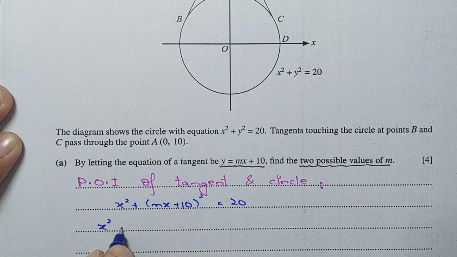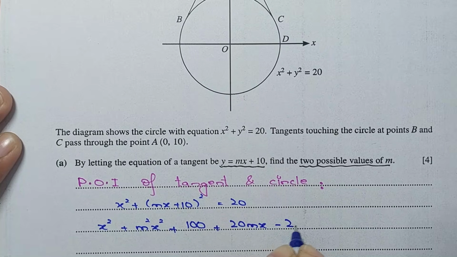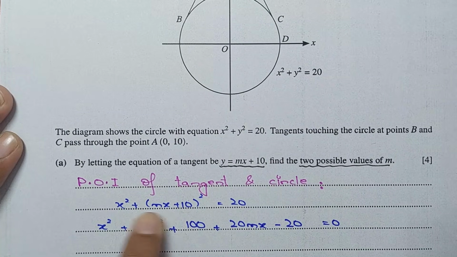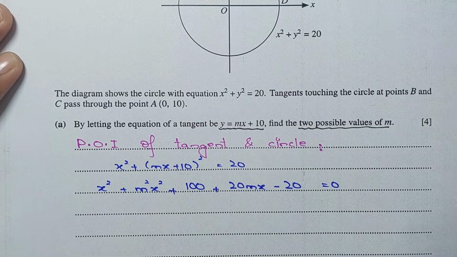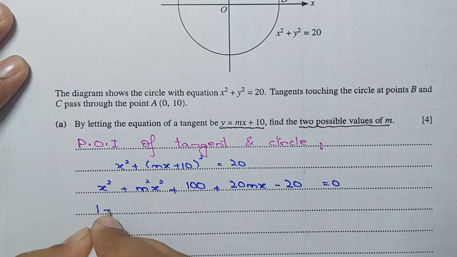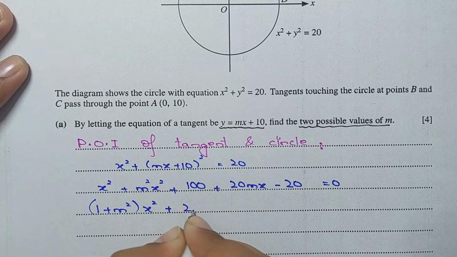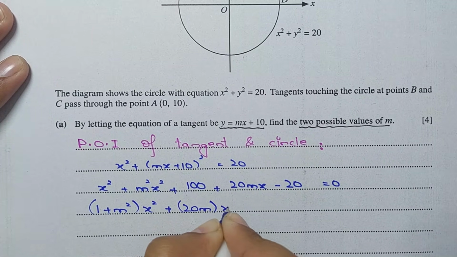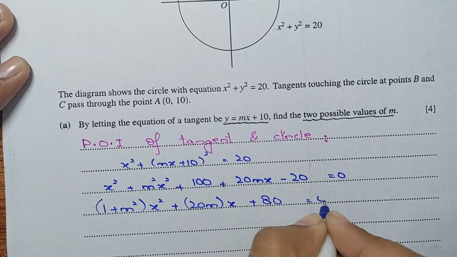Now this is x² + m²x² + 10² is 100, plus 2 times 10 is 20mx, and shift the 20 to the other side, equals 0. I just opened the square, a² + b² + 2ab. Now the coefficient of x² is 1 + m², the coefficient of x is 20m, and the constant is 100 take away 20, which is 80, equals 0, right?